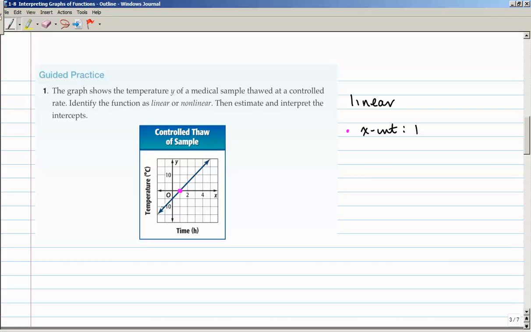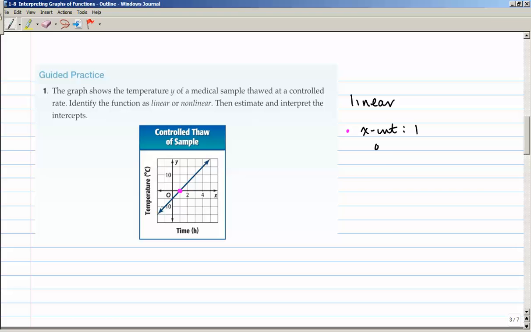Now, what does that mean? Interpret means describe what's going on there. Well, when x is 1, that means the time is 1 hour since the sample was taken out of the freezer. So 1 hour after it was taken out of the freezer, what's its temperature? Well, notice that at that point, the y is 0, so the temperature is going to be 0 degrees Celsius.